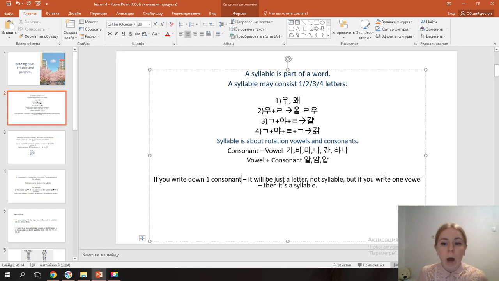But if you write one vowel or diphthong, then it's a syllable. That is why u and we are two different syllables, u and separate we. And in this way, l and u don't form one syllable. It's just a consonant sound. Riul, l, plus a vowel, and one syllable, u.